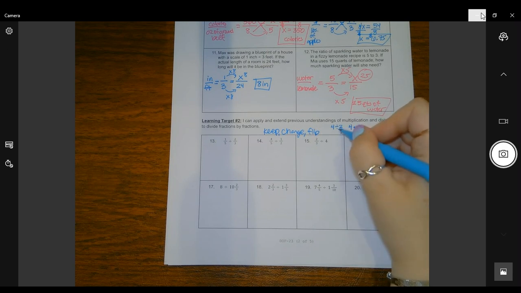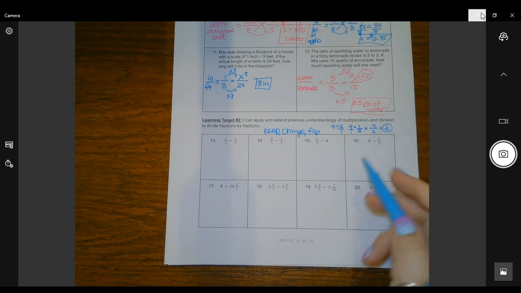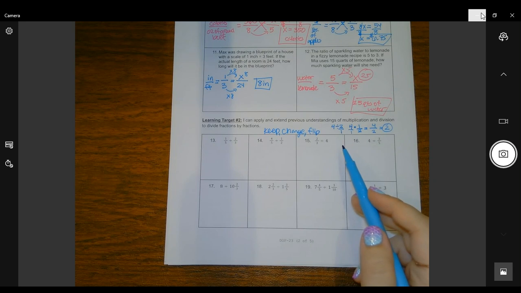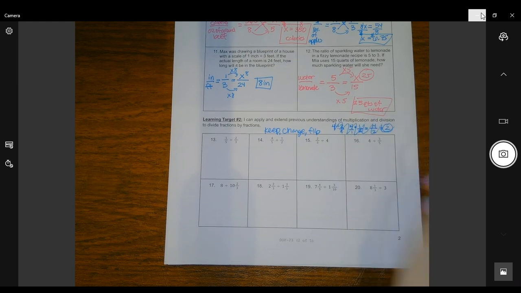And so I change this fraction to a half, and then you go 4 is on top, and 2 is on the bottom, and 4 divided by 2 is 2. Okay, now normally when it's something that easy, 4 times a half or 4 divided by 2, we do it in our head and we don't even really think about it, right? But here's what's actually happening, and that's why we do keep, change, flip.